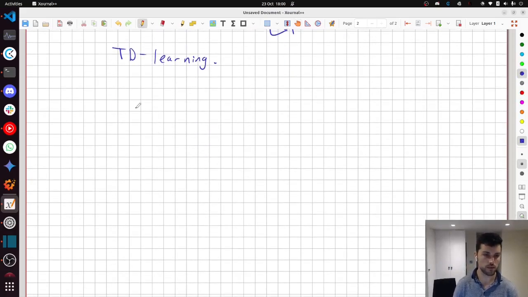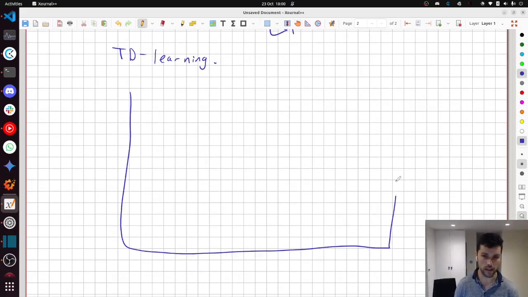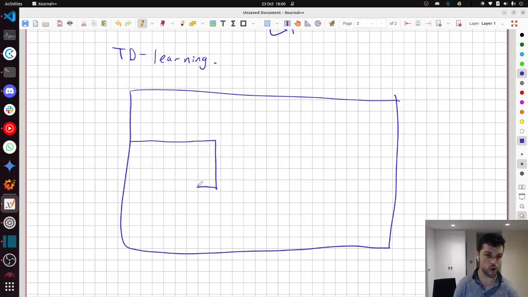So before, in the previous video, I had this 2D world where this is a wall, and there was an agent and a goal region that the agent had to get to succeed. And I said, okay, well, let's give minus 100 reward for hitting the wall, plus 100 reward for getting to the goal.